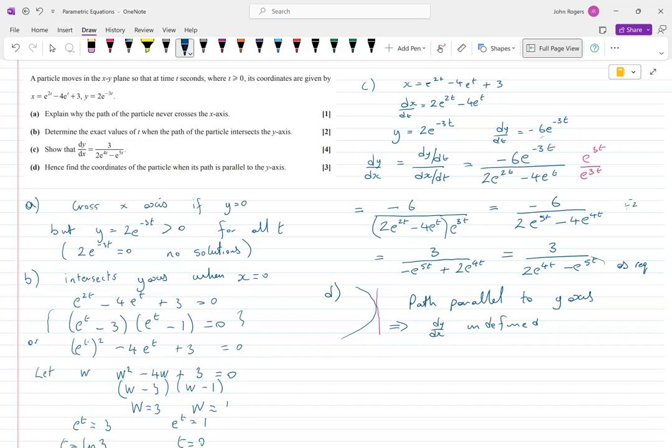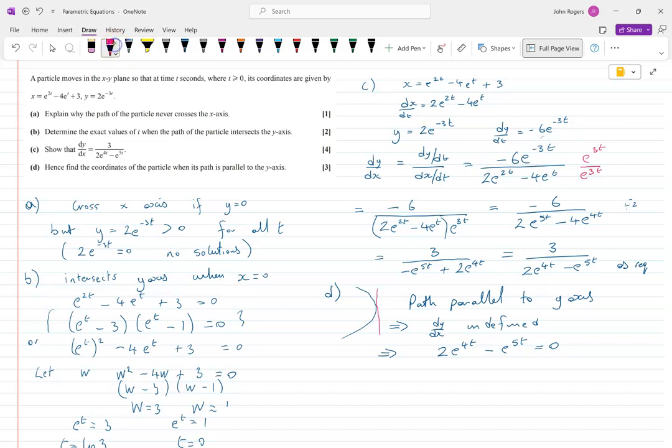So it's all about equating this bit to equal to 0. So that just basically means that 2e to the 4t minus e to the 5t equals 0. Okay, so then, if I can solve that.